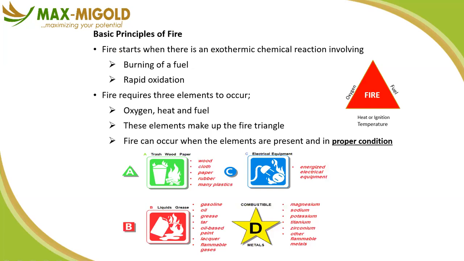So yesterday we spoke about the fire triangle. It's still the same thing. When there is the coming together of combustible material in the presence of oxygen and an ignition source or heat, there will be fire. And that fire entails the fuel being consumed.